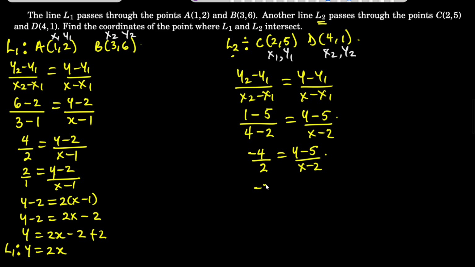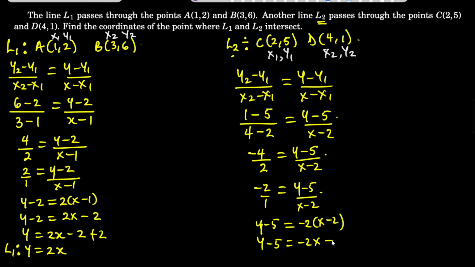So you have minus 2 over 1 equals y minus 5 over x minus 2. Cross multiply, and you have y minus 5 equals minus 2 times x minus 2. So you have y minus 5 equals minus 2x plus 4.